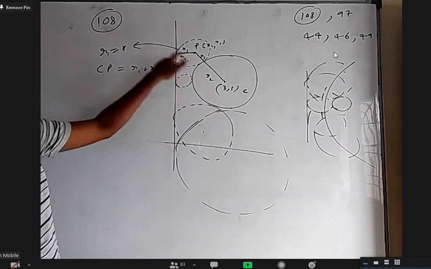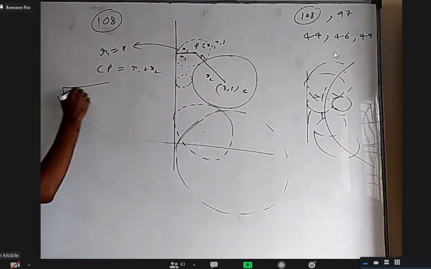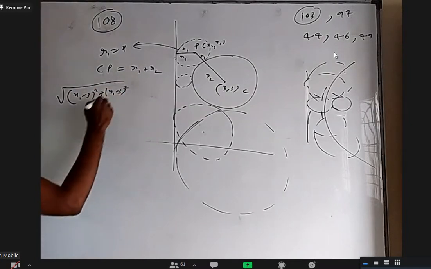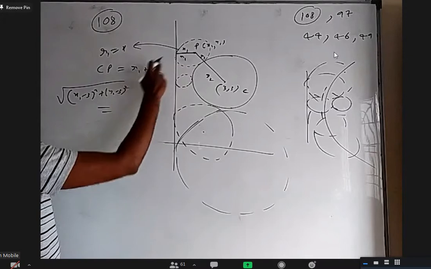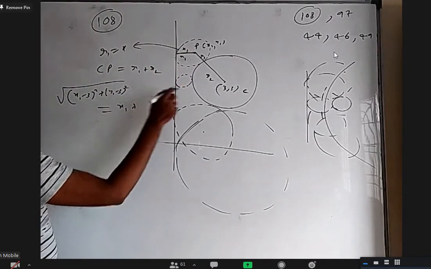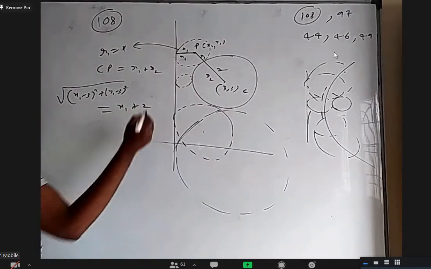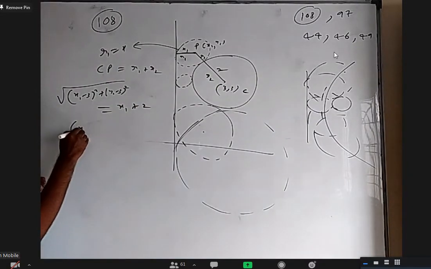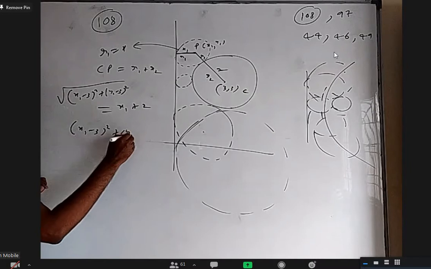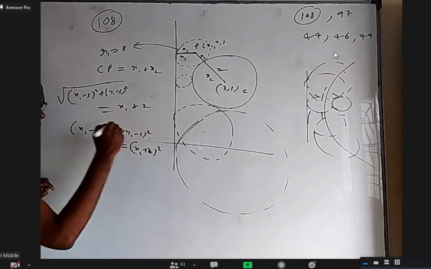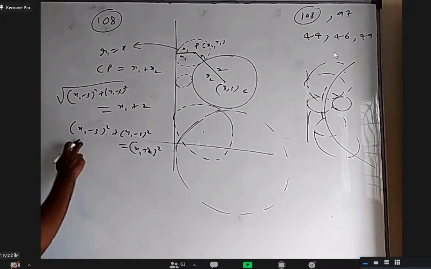What is CP? Directly the distance formula: square root of (x1 minus 3) whole square plus (y1 minus 3) whole square equals R1 plus R2. R1 is the radius of this, which is x1. R2 is the radius of this, which is in the question 2 units. Just square it: (x1 minus 3) whole square plus (y1 minus 3) whole square equals (x1 plus 2) whole square.